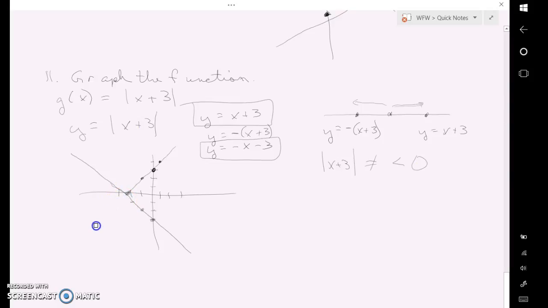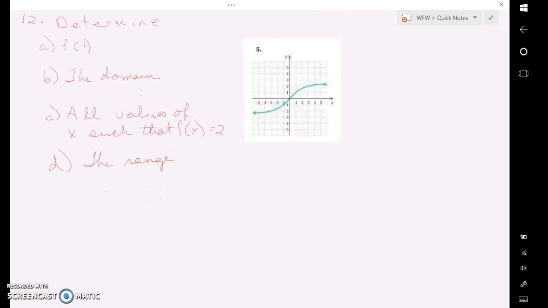So all of this goes away because it is where y is less than 0. And so your graph looks like a V, sort of like this for absolute value, where your graph never drops below the x-axis.